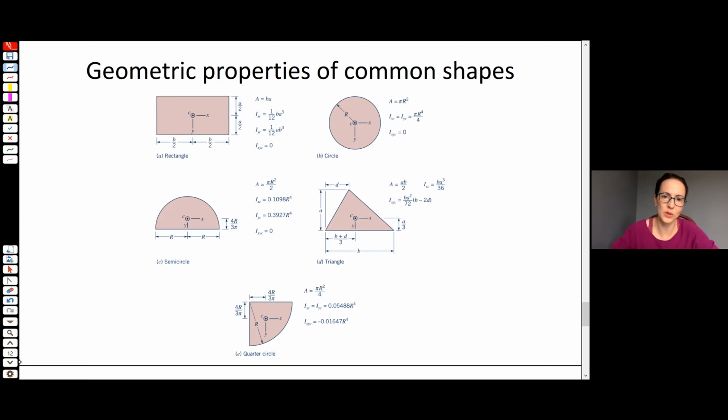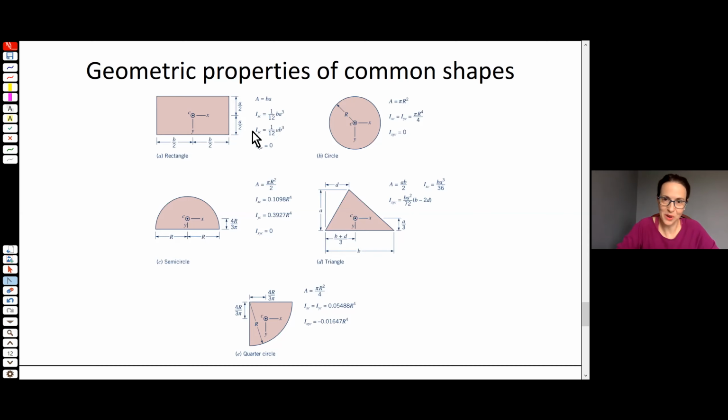We've got rectangle, semicircle, triangle, circle, quarter circle. And you can see it's listing, like for the rectangle, the moment of inertia through the centroid. Actually, in the statics textbook you get a little more, but in this particular table in your fluids textbook, you only get a listing of the moment of inertia through the centroid.